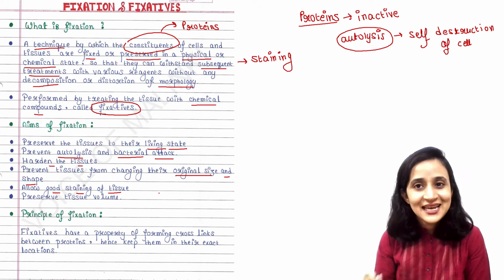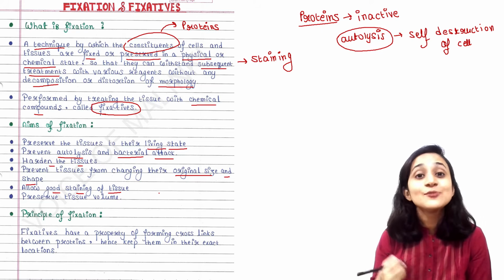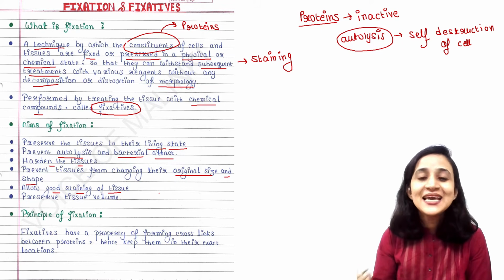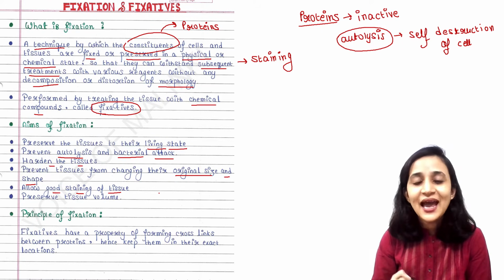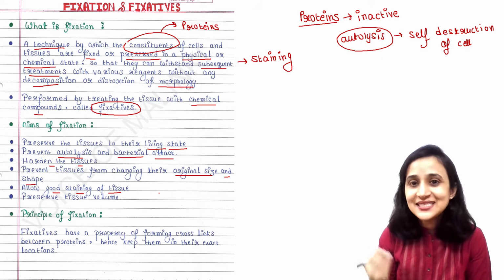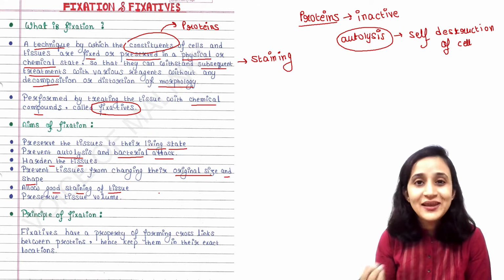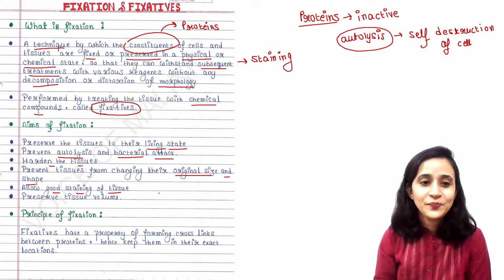If the cell is in its proper shape and size, it can take good stain and we can check the cell under the microscope in its proper form.